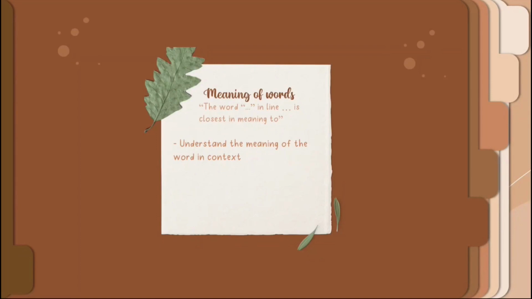And usually these questions don't ask for the literal or the most common meaning of the word, so you would have to identify the specific context that the word is being placed in. The second tip is try to come up with a synonym for the word and look over the choices to find the one that matches. And the last tip is to reread the sentence with each choice in place of the word to see if it fits.